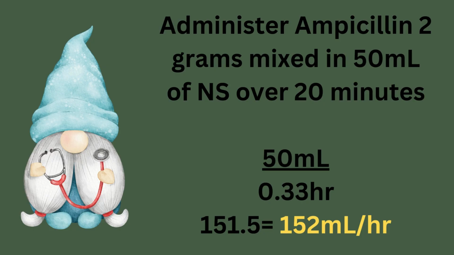We have our 50 mils. That was our total volume. And 20 minutes converted into an hour is 0.33. And once you get that, you get 151.5. If we're going to round, because this is 5 or greater, we could round this to the nearest whole number, 152 milliliters per hour.